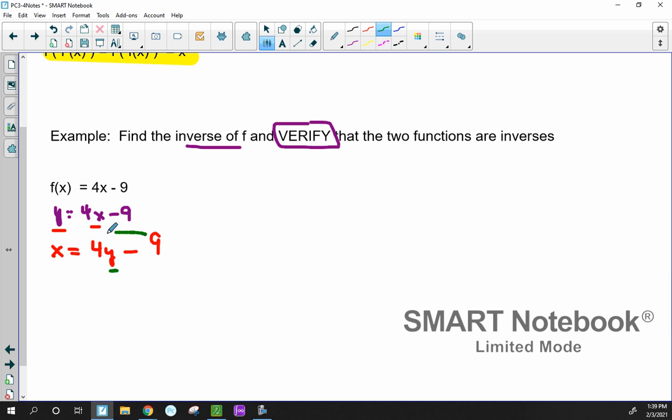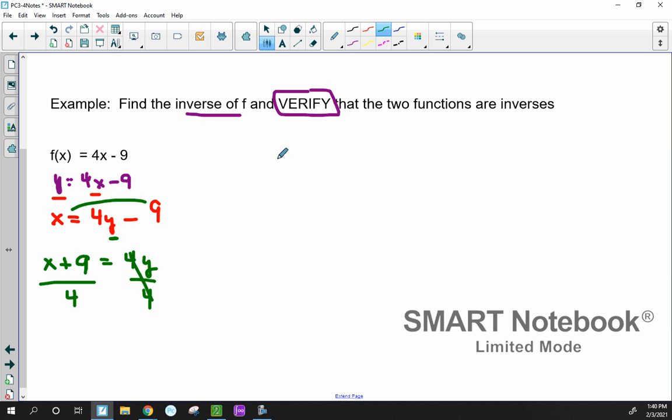That means we're going to need to transpose. So it's going to be x plus 9 is equal to 4y. The next step would be showing that you divided everything by 4. Instead of dividing x by 4 and 9 by 4, although that would work, I'm just going to leave it as one big fraction, because I think it might be easier to use in the verification step.